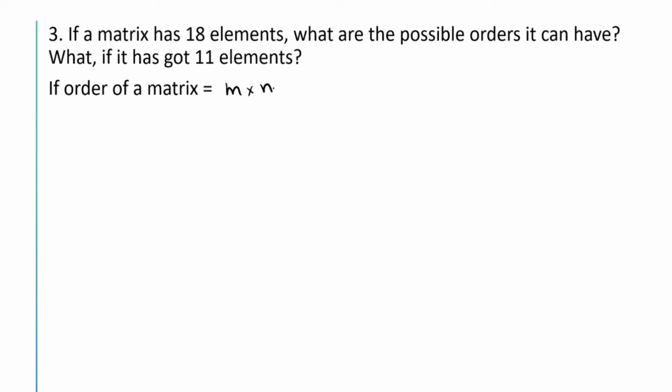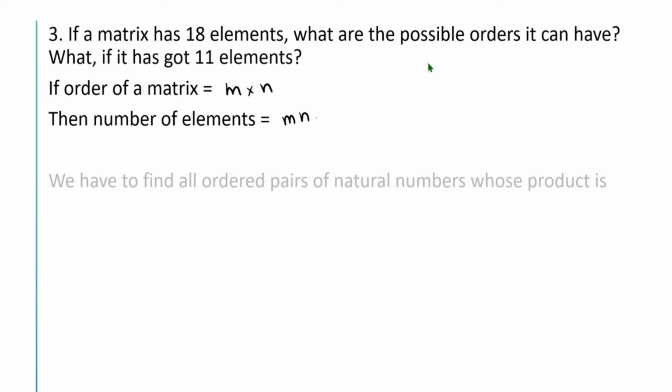So if the order of a matrix is equal to m by n, then the number of elements is given by m times n. So here it is given the matrix has got 18 elements. So the different orders it can have, we have to find all the ordered pairs of natural numbers whose product is 18.